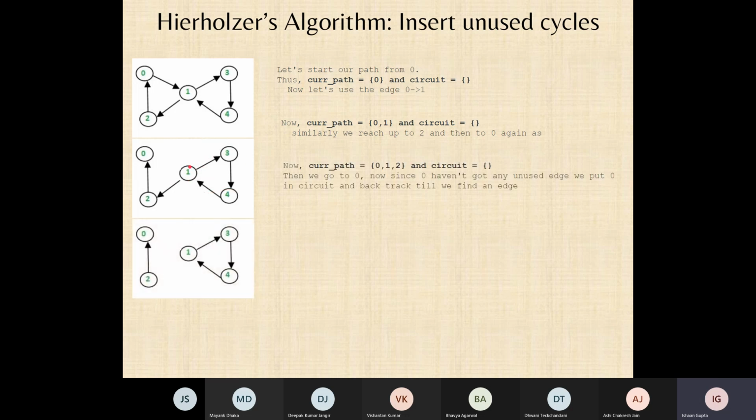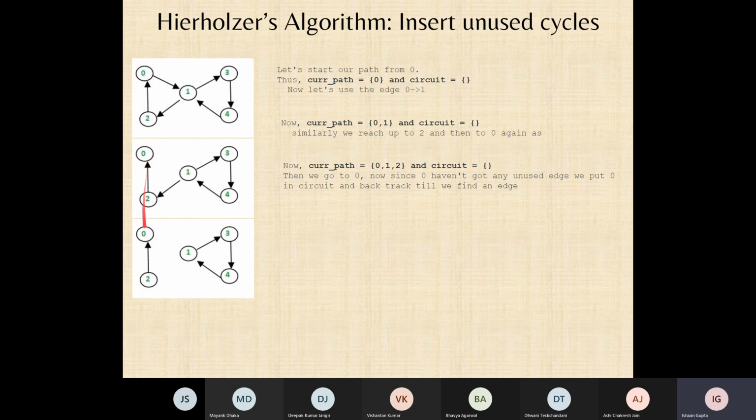Because if you remove 3, then you can actually go otherwise. So what you do is you take the 2, and then you take 1, that this becomes your path, right? But the circuit you currently don't have. Now, once you reach 0, there is nothing else that you can go for, right? So now what you do is you start to do back tracing.